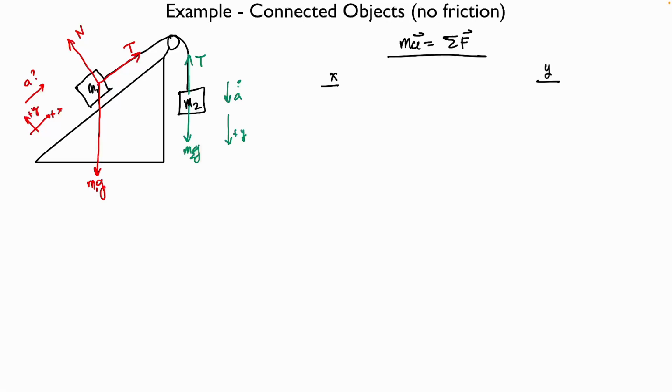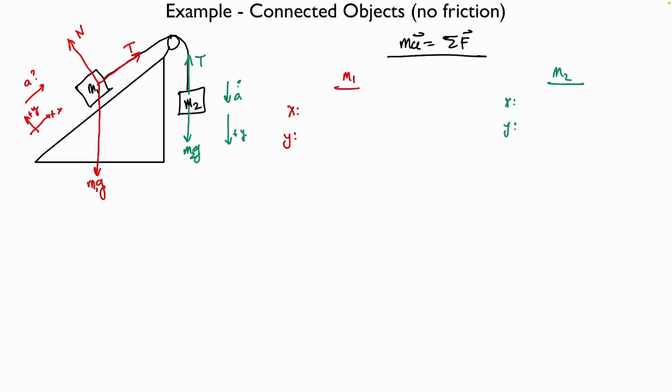We have 2. So maybe, just maybe, I'll organize things by saying, look, we're going to do mass 1 over here, and we're going to do mass 2 over here. And there's going to be an x direction equation and a y direction equation, right? Because Newton's second law in vector form becomes everything x direction separated from everything in y direction, right? And we're going to do the same thing over here for mass number 2.